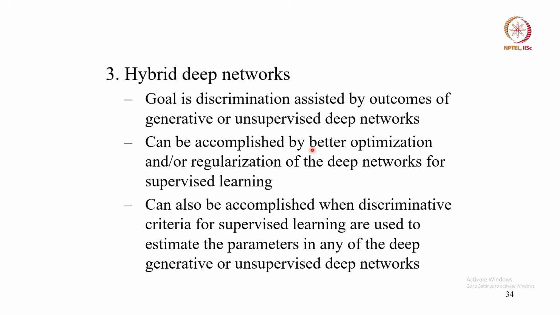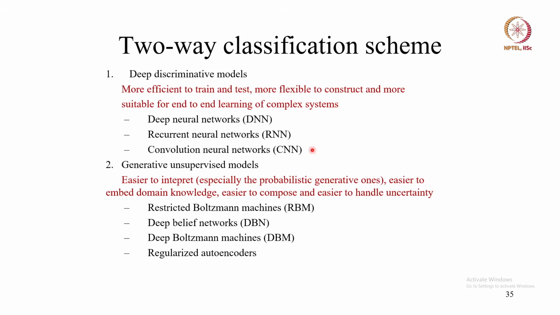This is used to update your generative network, and so you try to improve the performance of both the generative network as well as the discriminative network. Those that have both the generative as well as discriminative networks are what are called the hybrid deep learning networks basically.